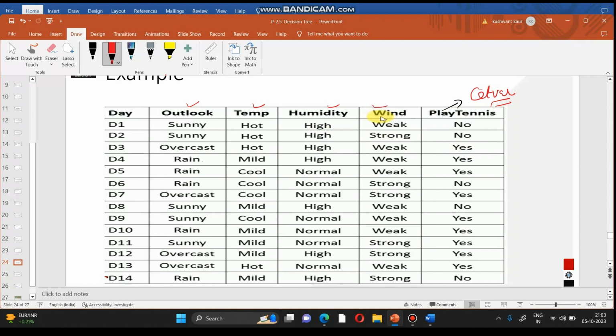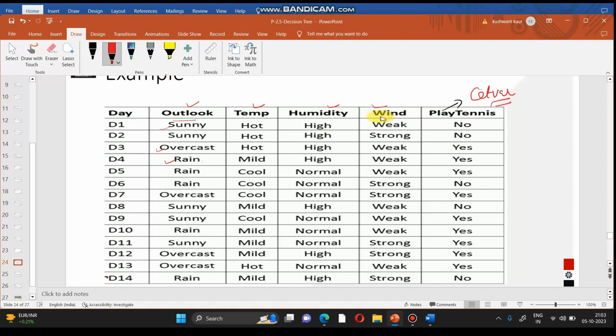Now when we solve this problem, firstly we will take the outlook attribute and we will calculate the entropy for sunny, then the entropy for overcast, then the entropy for rain. So we will calculate these 3 entropies, and based on these entropies we will calculate the information gain for outlook.